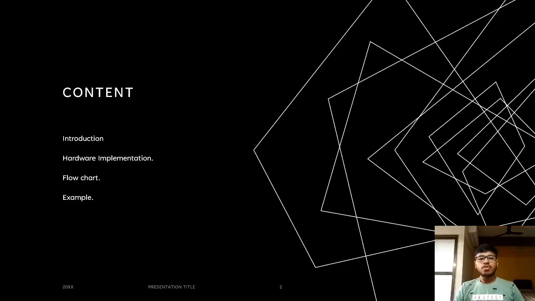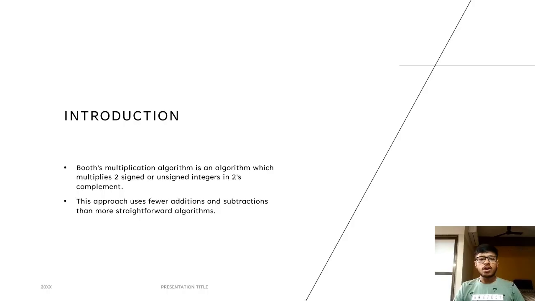The content of this video is introduction, implementation, flowchart and an example of Booth algorithm. Booth algorithm is an algorithm which multiplies two signed or unsigned integers in two's complement. It differs from the standard multiplication algorithm, which only multiplies two unsigned integers.